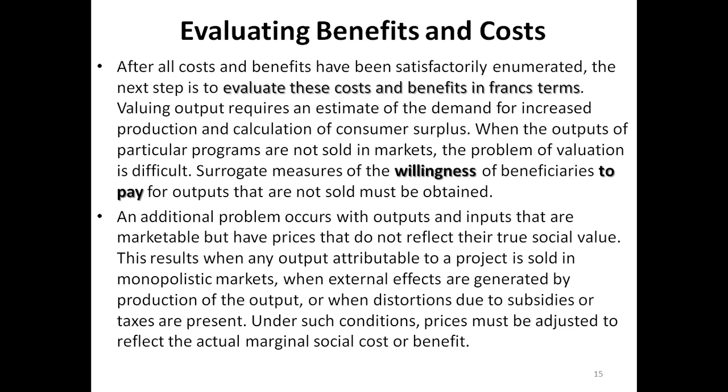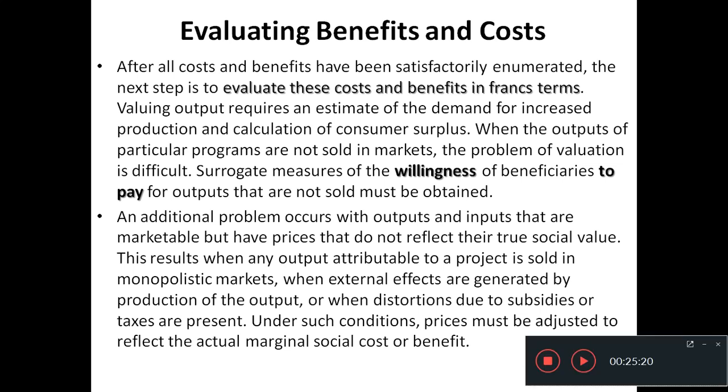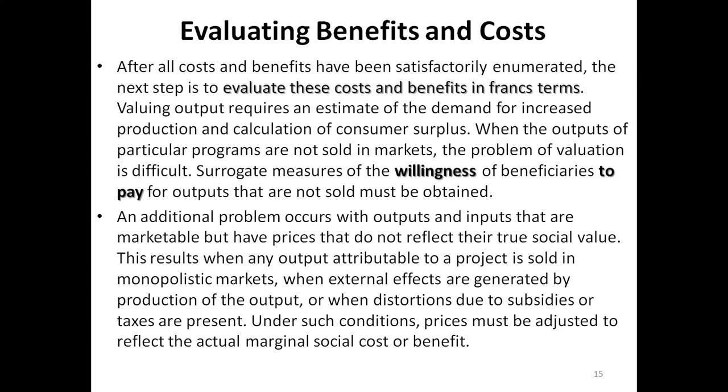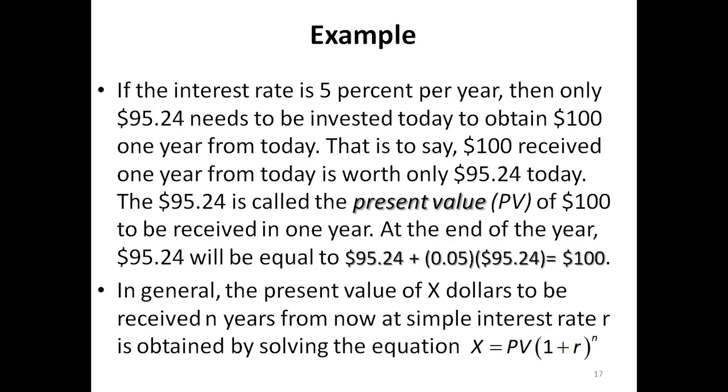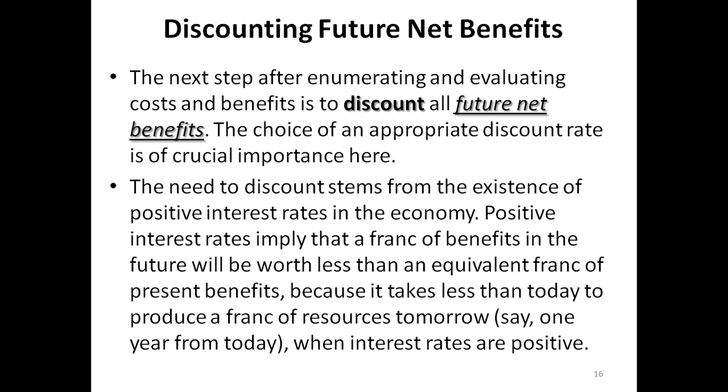Under such conditions, price must be adjusted to reflect the actual marginal social cost or benefit. Evaluating benefits and costs. So, discounting future net benefits. The next step after enumerating and evaluating costs and benefits is to discount all future net benefits.